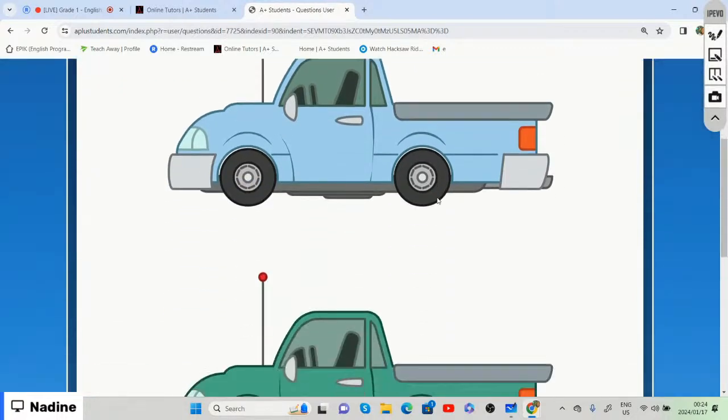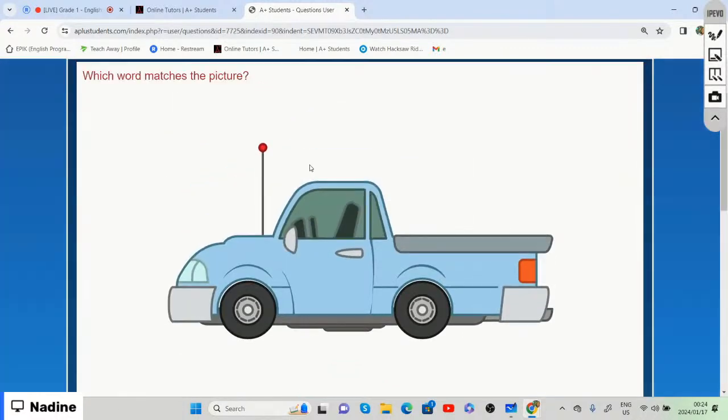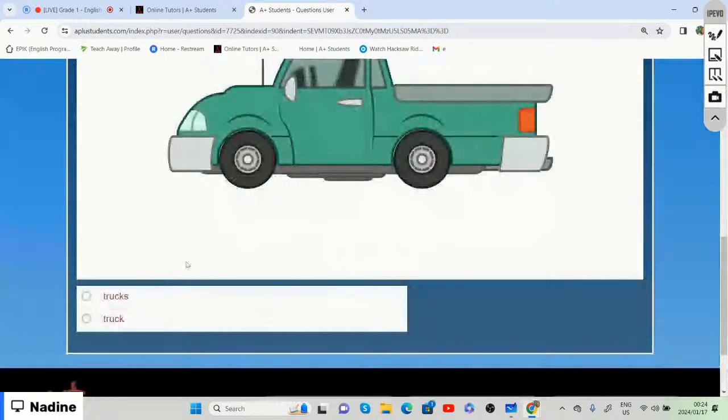And here we have one and two. Do we say trucks or do we say truck?